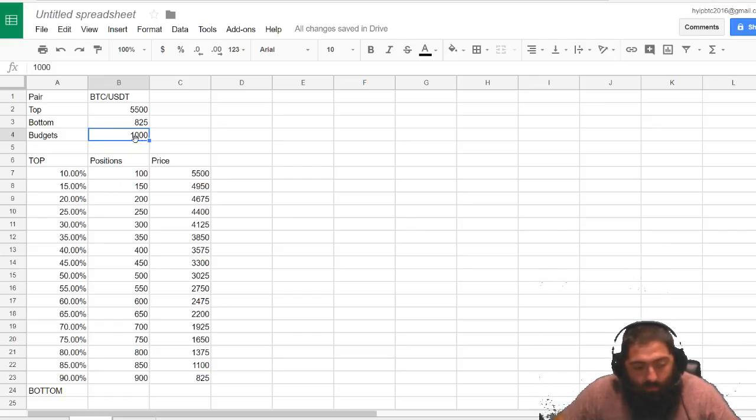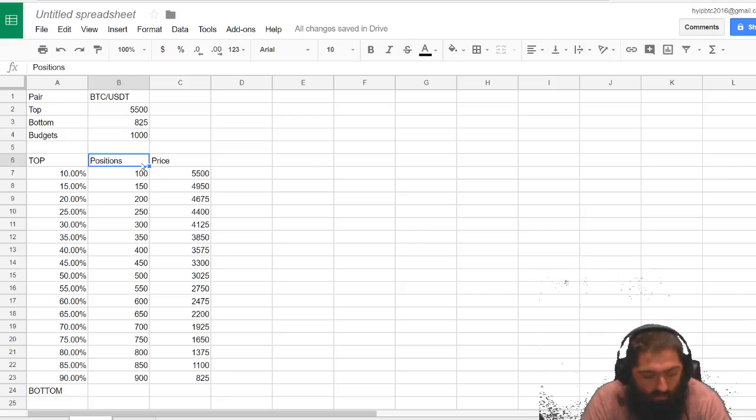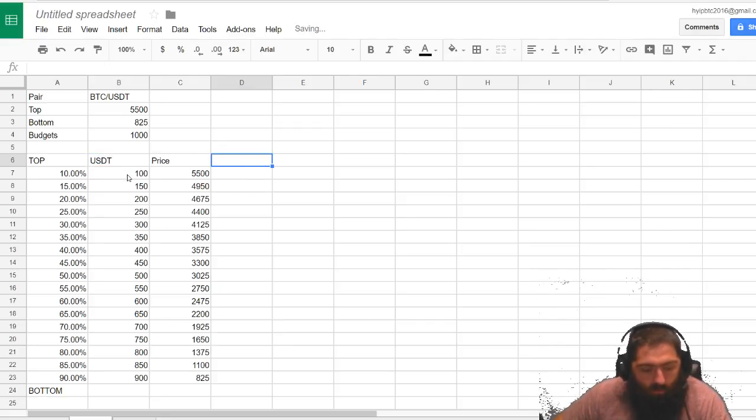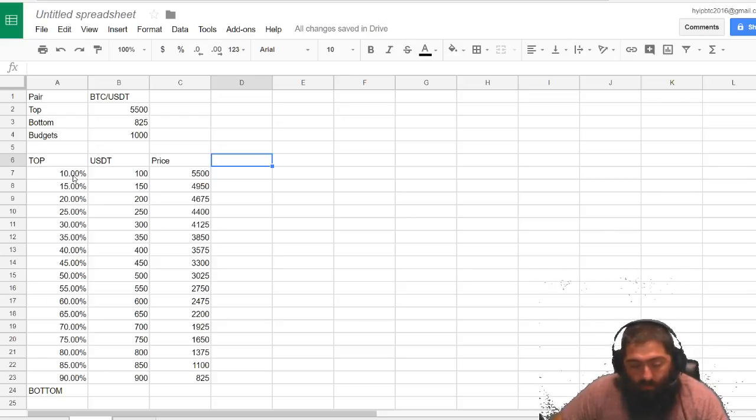So take a look. We're going to use $1,000 USDT for this budget. So at the price of $5,500, we'll change that because it's not positions, it's USDT. I want $100 in Bitcoin at this price. That is 10%. I like to leave 10% just in case I am wrong. So if it happens to shoot to 6,000, I would still like to have 10% to sell off.